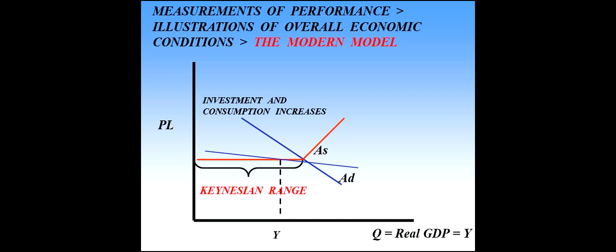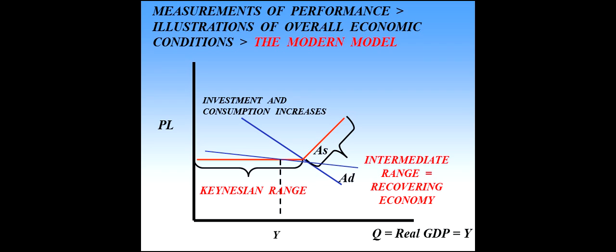And when this starts to happen, we label this period of time the intermediate range, where we have a recovering economy from either a recession or, in this case, we're illustrating a deep depression.